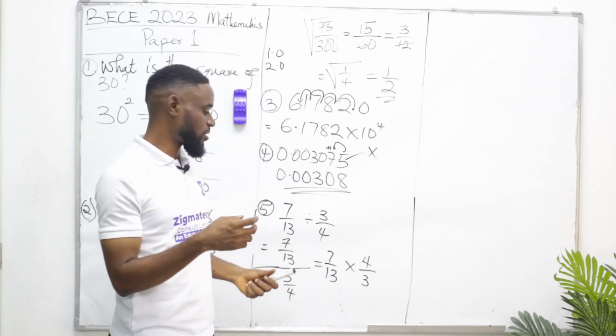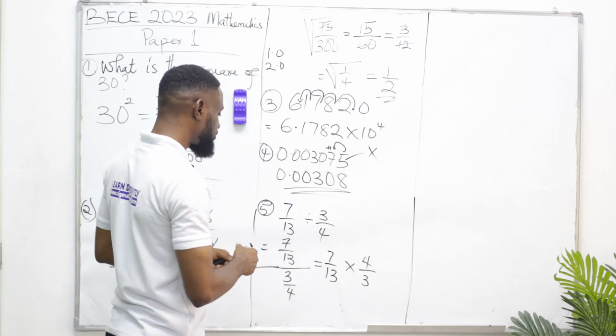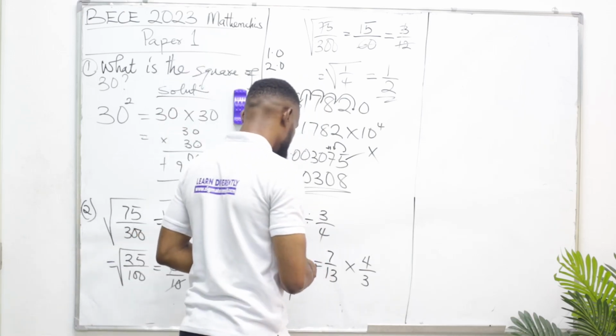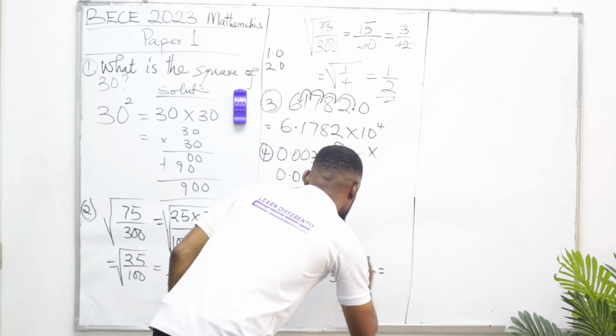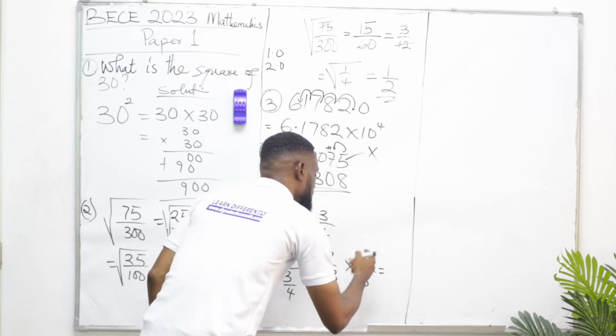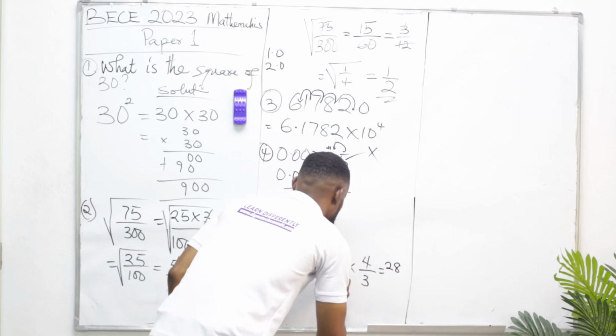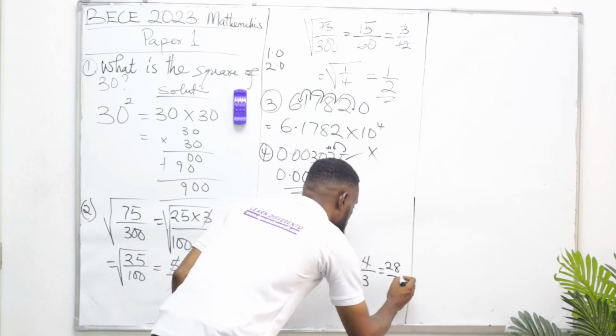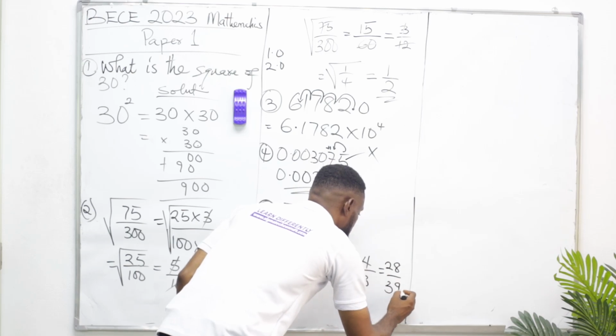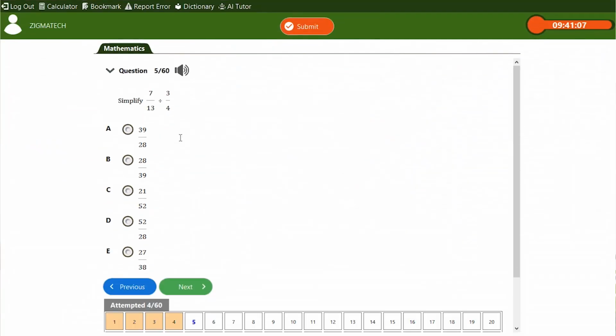Do you understand that point now? So at this point, we can now have 7 times 4 should give us 28. 13 times 3 should give us 39. So 28 over 39. So option B is our correct option there.